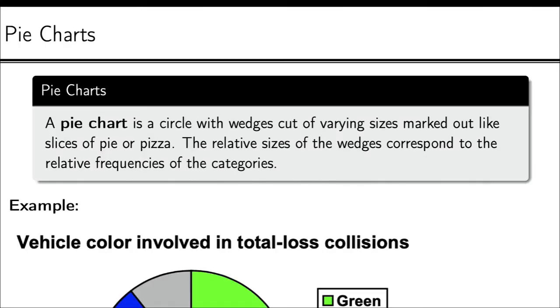Another way of presenting data for qualitative or categorical data is a pie chart. And pie charts are not always appropriate to use for categorical data. They're only appropriate when our data represents a whole, meaning we have all different possible values represented, and then we want to show how the whole is divided into separate parts.